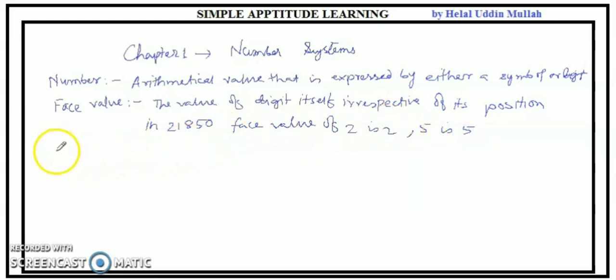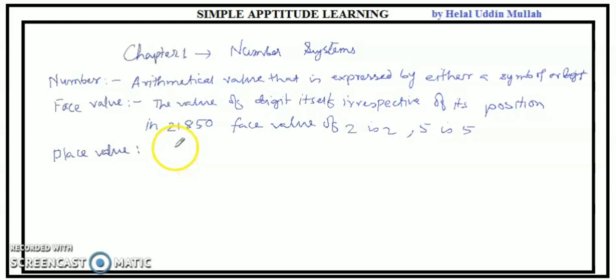Then we have another term called place value. Place value depends on the position of the digit in a number.